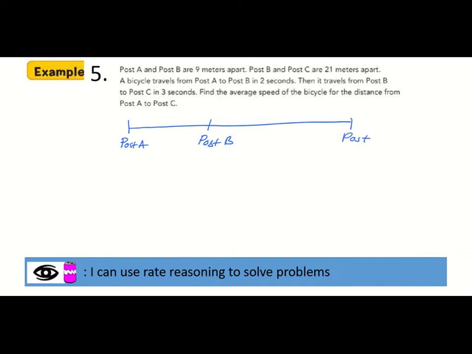So I know from post A to post B that the bicycle traveled 9 meters per 2 seconds. And I also know to go from post B to post C, this was 21 meters per 3 seconds.